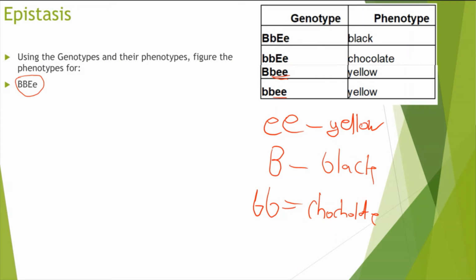We do not have two lowercase e, so it will not be yellow, and because it's capital B, this will be black. Next, we have a lowercase b and a capital E. Again, we will not have yellow because we do not have lowercase e, so this will be chocolate because this is recessive for gene B.